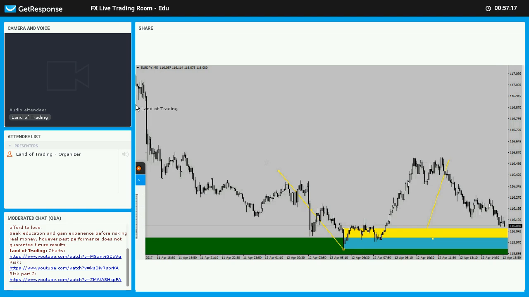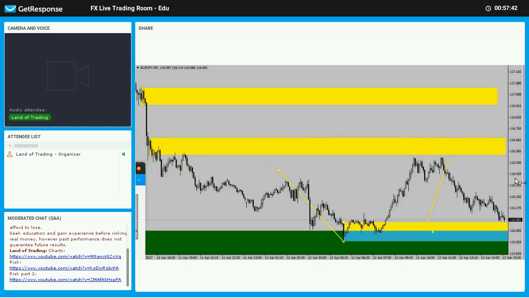And with this rally, we didn't manage to go through the latest supply, as possible supplies based on the 5-minute chart.